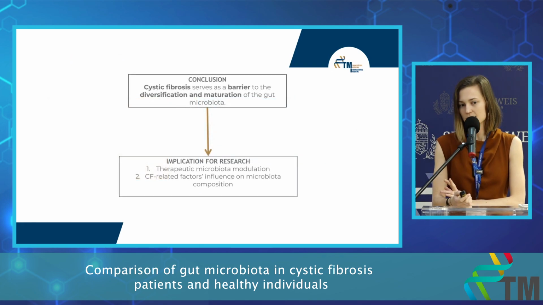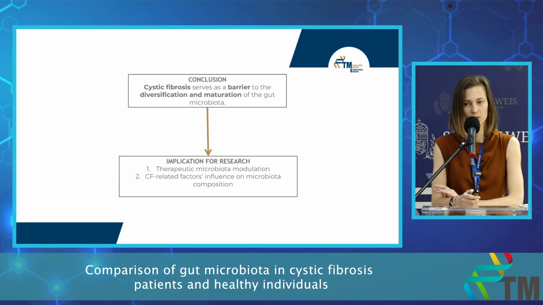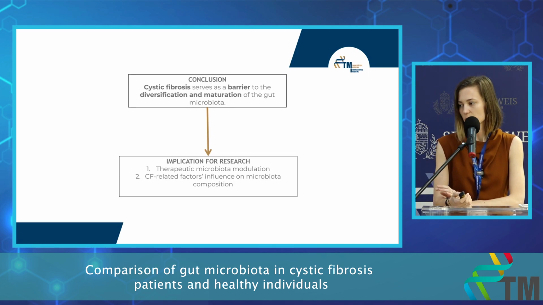All in all, we can say that cystic fibrosis serves as a barrier to the diversification and maturation of gut microbiota. Our implications are mainly for the research field, that therapeutic microbiota modulation should be extensively researched, as well as CF-related factors' influence on gut microbiota composition.